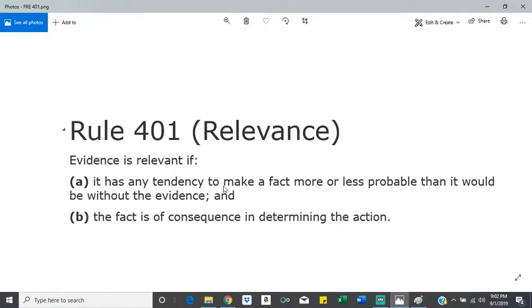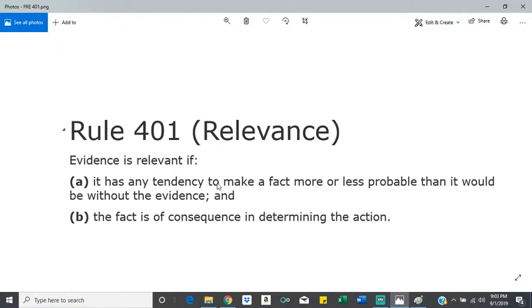Any tendency means the evidence doesn't have to prove anything conclusively. It only has to have some tendency to make a fact more or less probable. And that tendency can be very, very low. It can be a minute tendency. It barely, and it would still have any tendency to make a fact more or less probable.